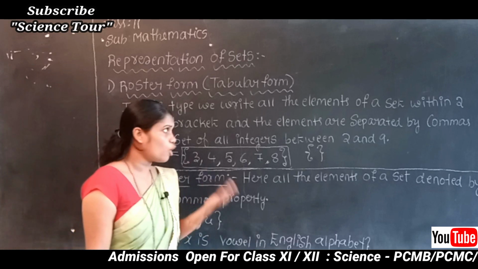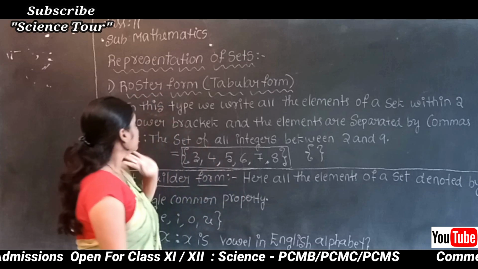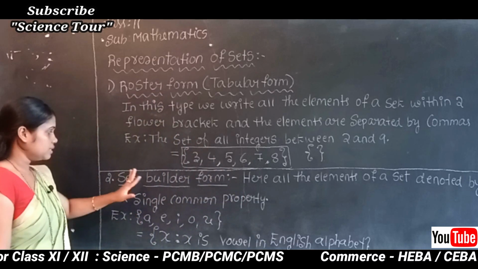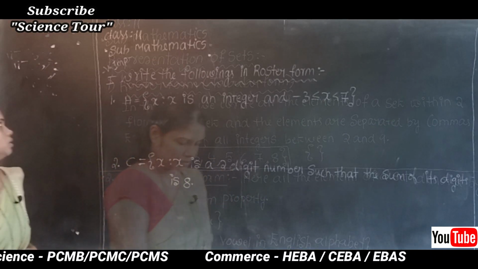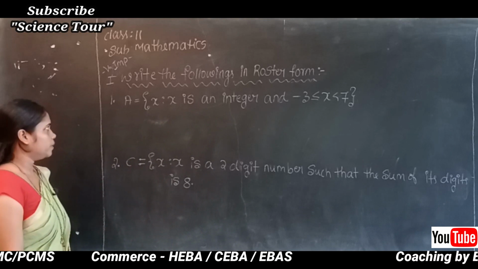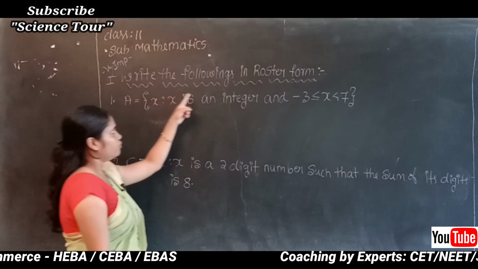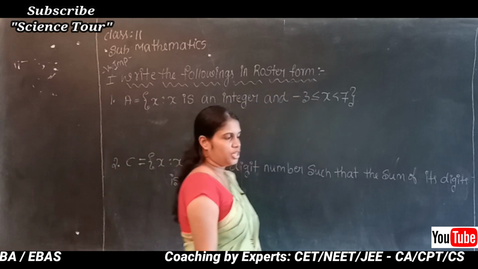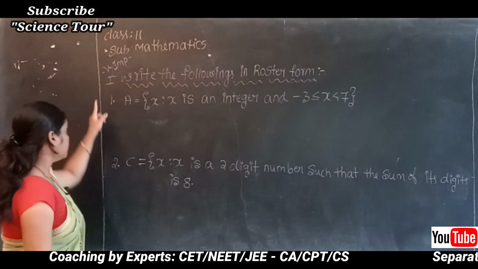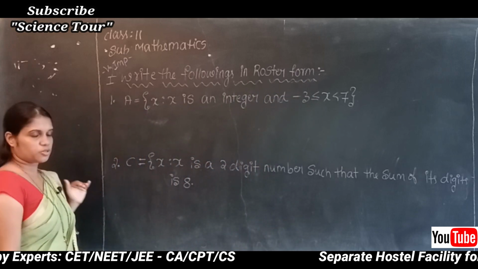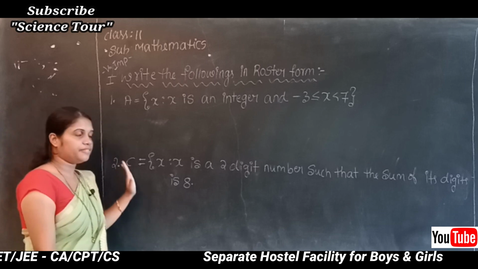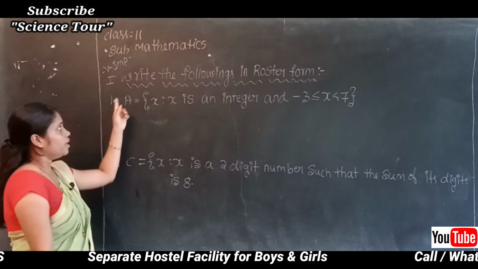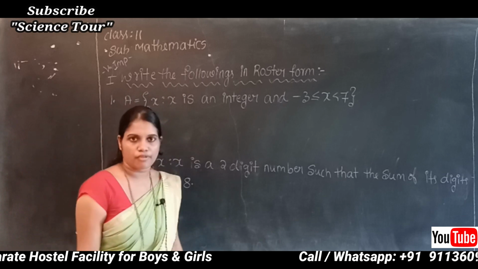Next we'll solve the problems related to the roster form as well as the set builder form. So next I'll consider one problem. Write the following in roster form. This is a very important problem, a 1 mark problem.